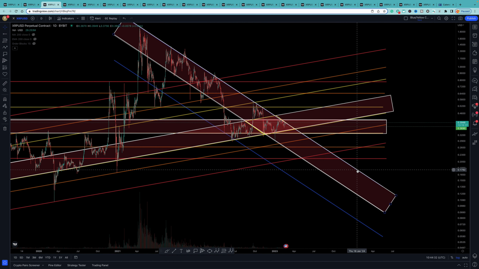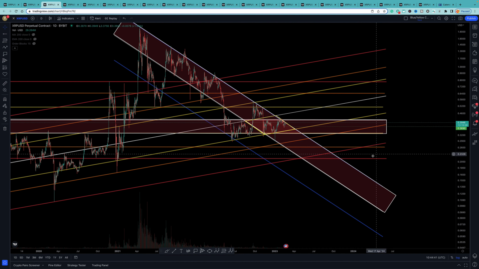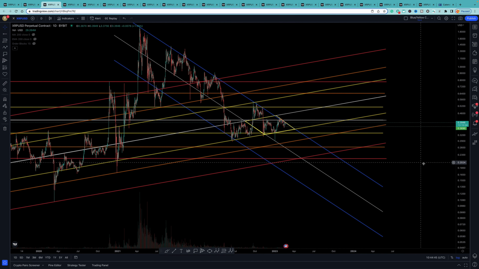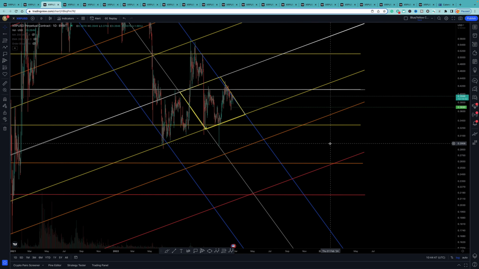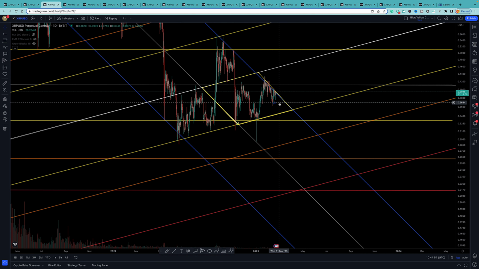Yeah, so you can see the crux of where we are. Yeah, we are in the zone where all three ascending, descending, and horizontal channels are meeting. So let me just put in some levels here.